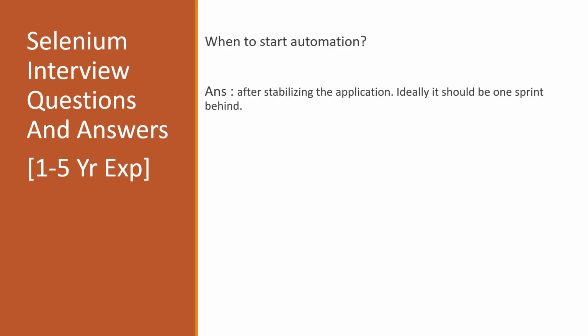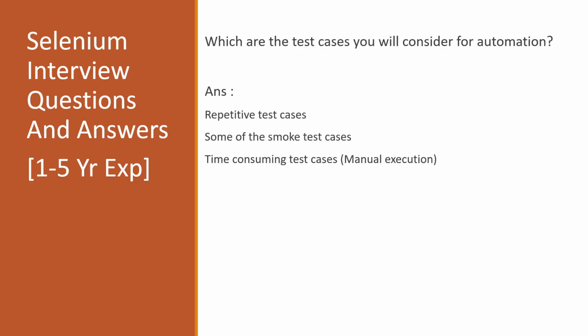Okay, now coming to the next question: which are the test cases you will consider for automation? Obviously the test cases which are taking long time to execute, those test cases you should consider under automation.